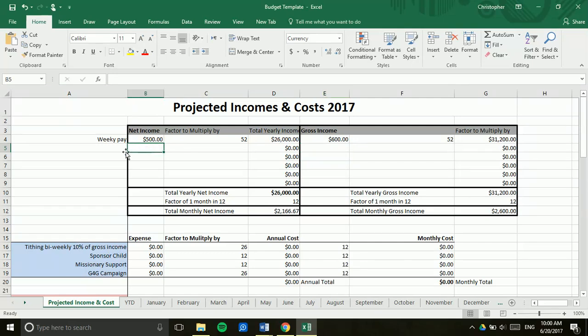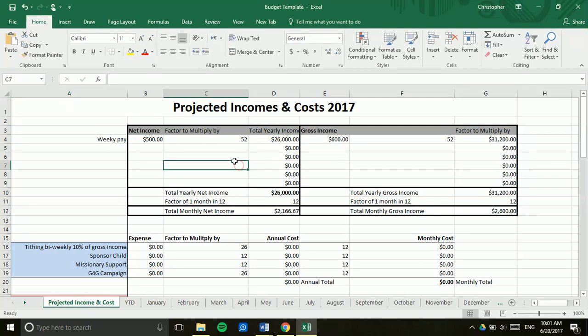So you can put in other categories, side jobs, something like that. You know, net income is 100 times 26. Maybe it's only every other week that you do a side job, and then that can come in. You can also put in other income types in there.